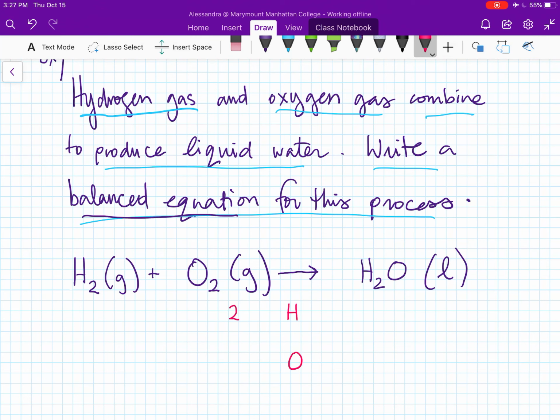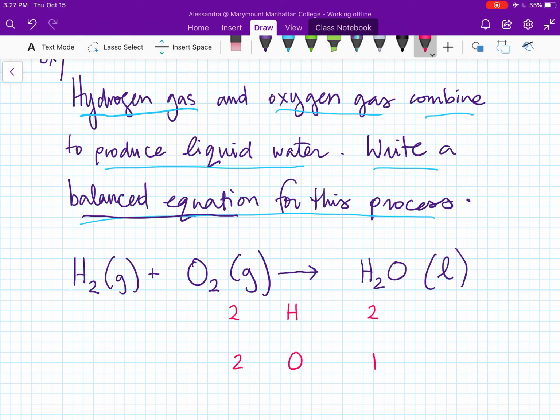I have on the left, the reactants, 2 hydrogens and 2 oxygens. And on the right, in the products, I have 2 hydrogens and 1 oxygen. I just get that by looking at the subscripts. So I need to somehow, I wrote the wrong number here, I have 1 oxygen. I need to somehow turn that 1 into a 2 for the oxygen.